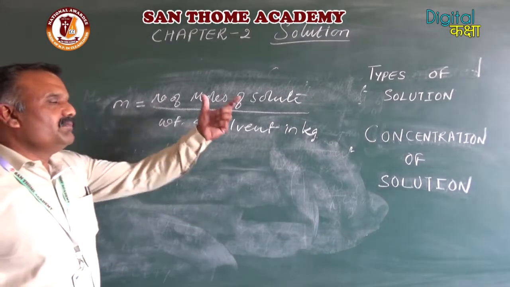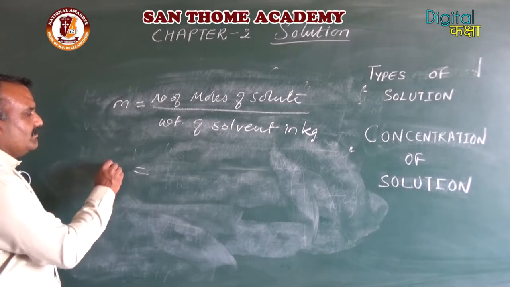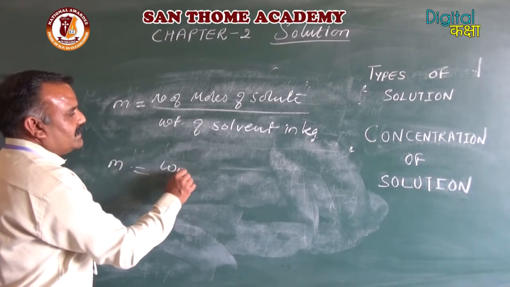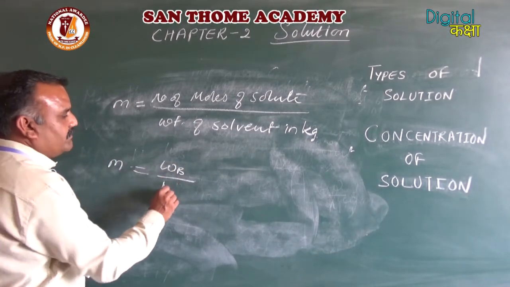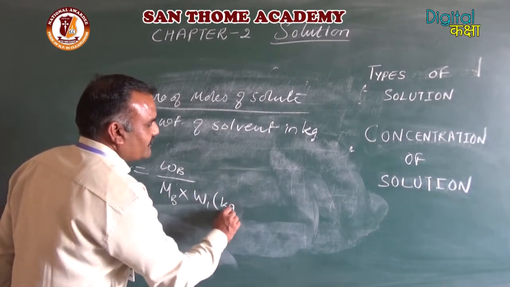Again, we know that number of moles is equal to mass in grams upon molar mass. So mathematically, molality is equal to the weight of solute divided by molar mass into weight of solvent in kg.